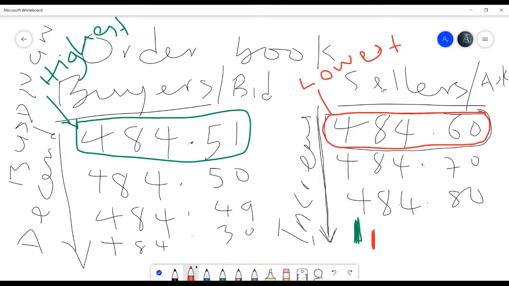Green means you're having a lot of buyers, while red means you have a lot of sellers. When we come to candlesticks, we'll talk about that. You'll see something like this in the charts. So you see the way these things relate.